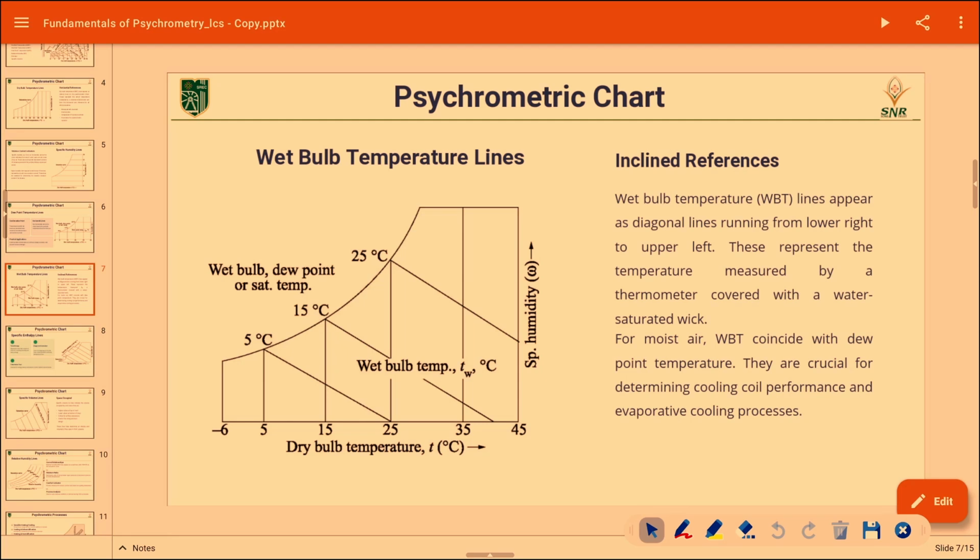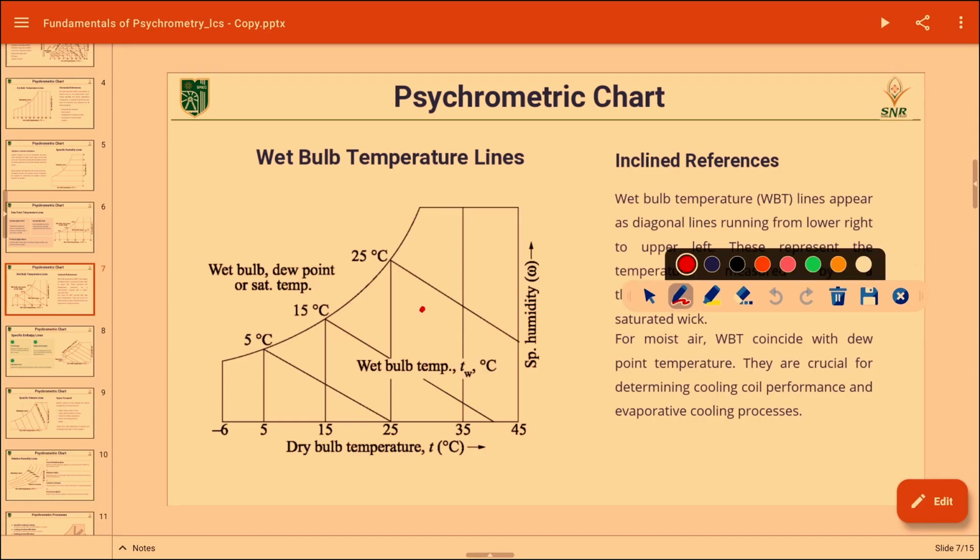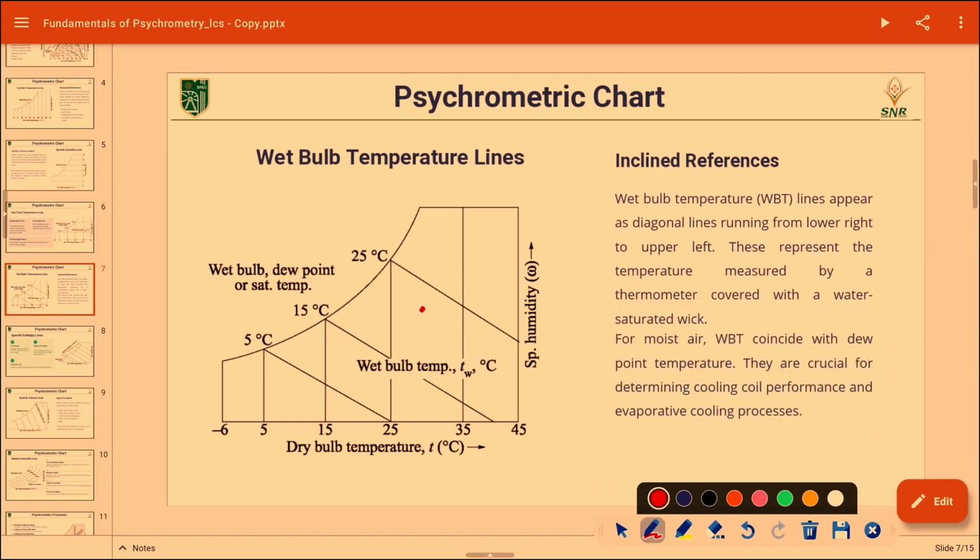Very important, and here too we are going to make two lines, but in what way? For example, say if this is my state point, how to calculate the wet bulb temperature? These inclined straight lines are called constant wet bulb temperature lines.